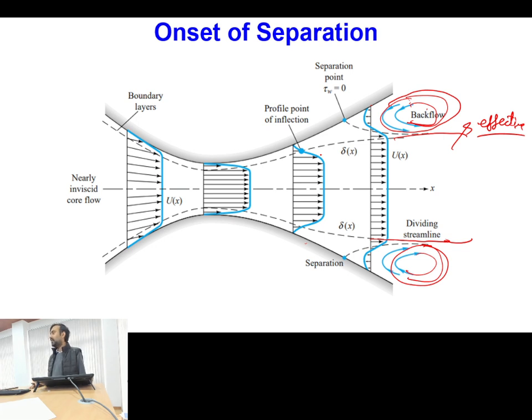If you keep it beyond 7 degrees, you will have significant flow separation, the effectiveness of the Venturi section will decrease, and of course there will be more losses.